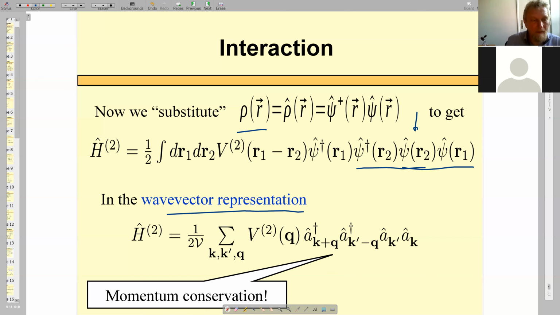So we can say that rho equals rho hat. Why do we replace density by an operator? It is, if you wish, the procedure of second quantization. So it's not a formal derivation.